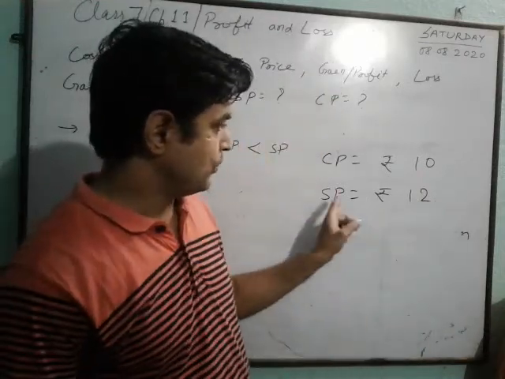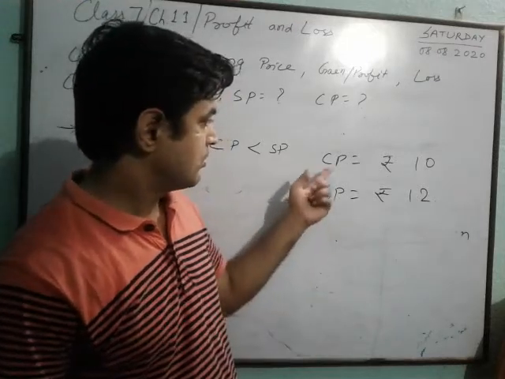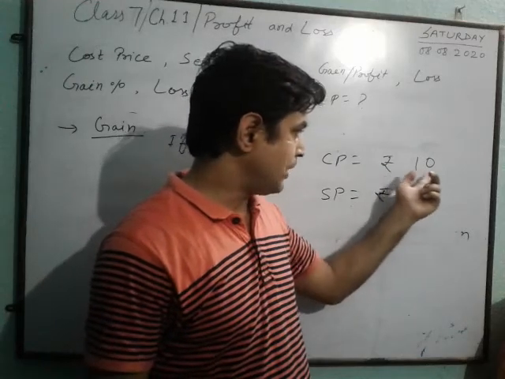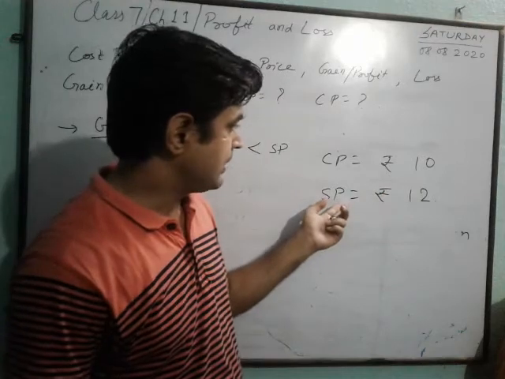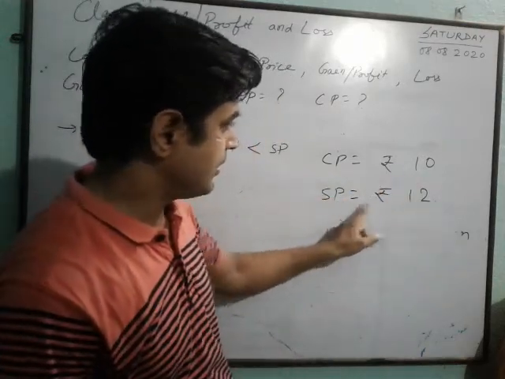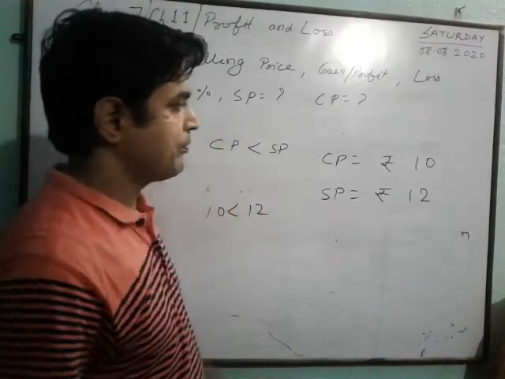Here we have gain, because the price at which the article is bought is less than the price at which it is sold. Here CP is less than SP. 10 is less than 12. So here we have gain.